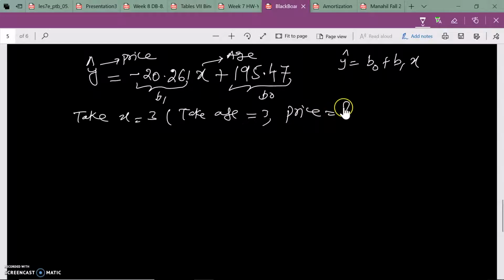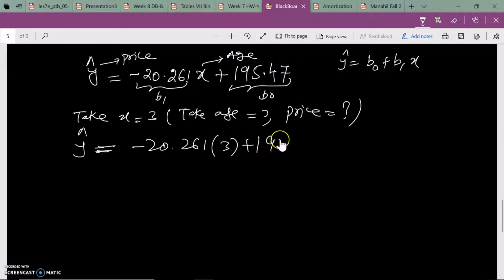What is the price that this model tells us? So let me do that. y hat equals minus 20.261 times 3 plus 195.47. Let me plug in these values.